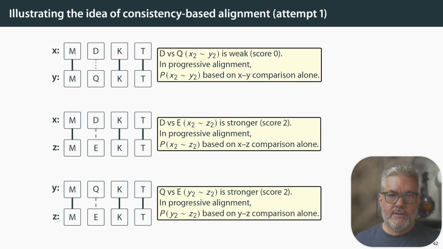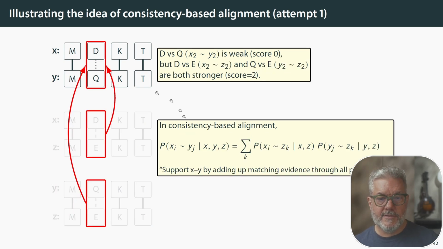The difference, what we get when we use the idea of consistency, is we get to use this positional contribution to this alignment, and this positional contribution to that alignment, to alter the probabilities that we estimate for this position. And it works like this. We say, okay, D versus Q, our XY comparison, is weak and has a score of 0, so that position doesn't contribute so much in terms of probability.